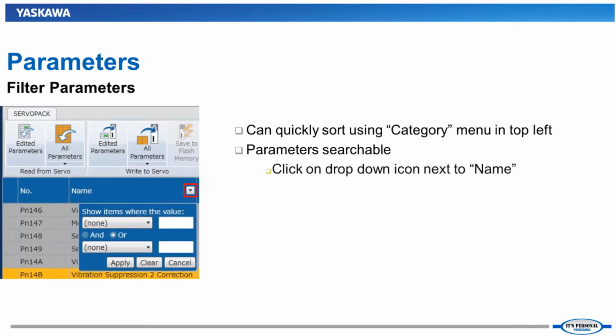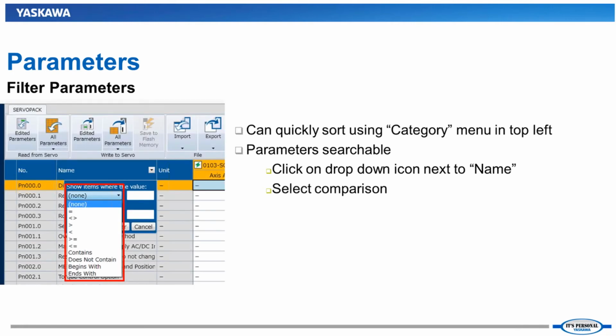There is also a new searchable way to search parameters. So if you go to the name drop down, there's a little arrow icon, and if you click on that, it'll bring up a comparison, so you can do directly equals, not equals. My favorite is usually contains.